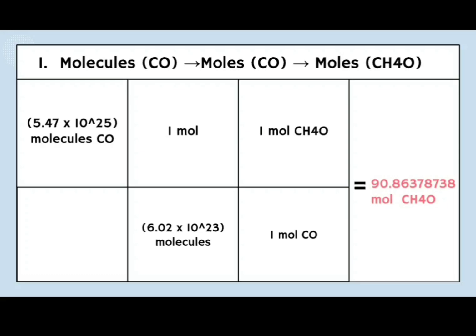So we do these two molecules, multiply that times 1, and you will get 90.86378 moles of methanol. This is our first answer that we will definitely use later on to find the excess reactant.